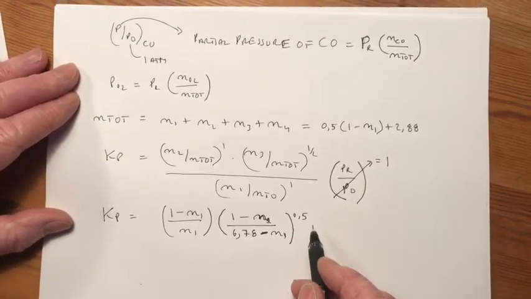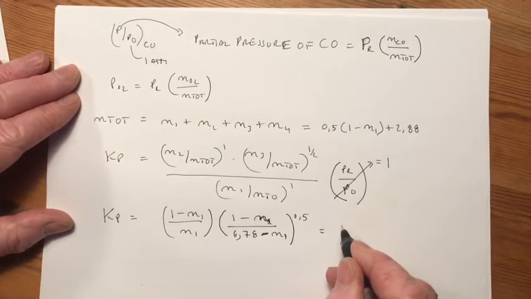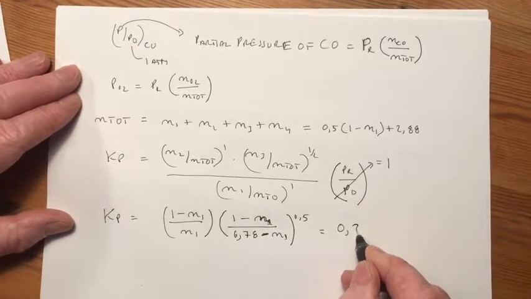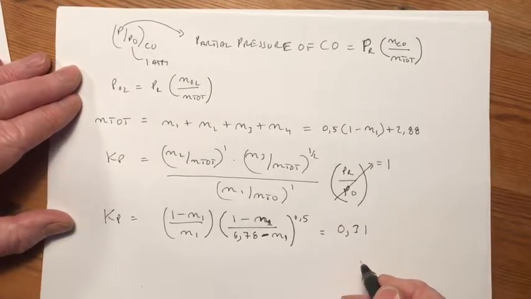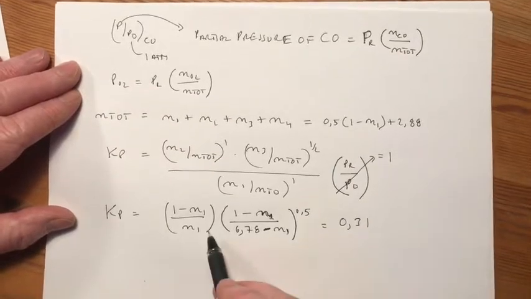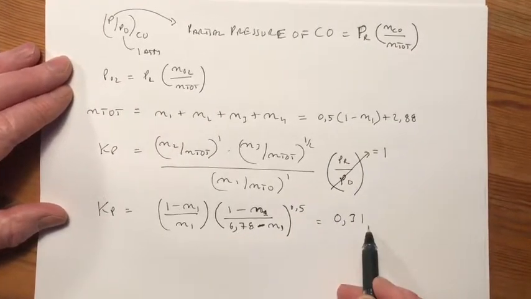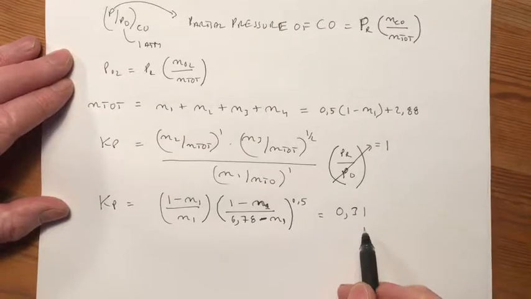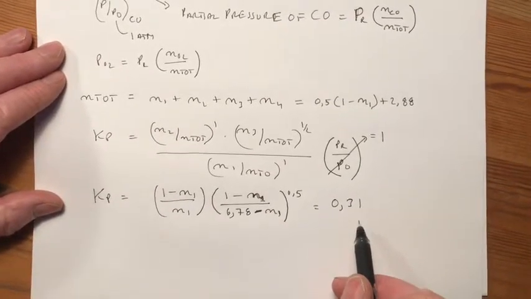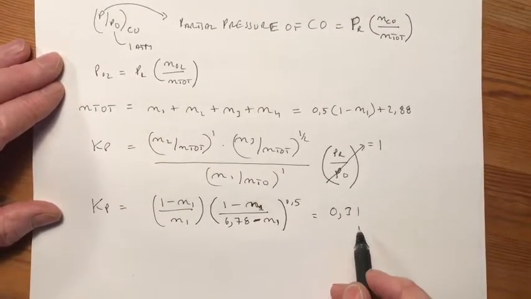Now Kp, as we know, should be equal to 0.31. This is just a nonlinear equation. It can be solved in a number of ways. The simplest way is actually using fixed point.